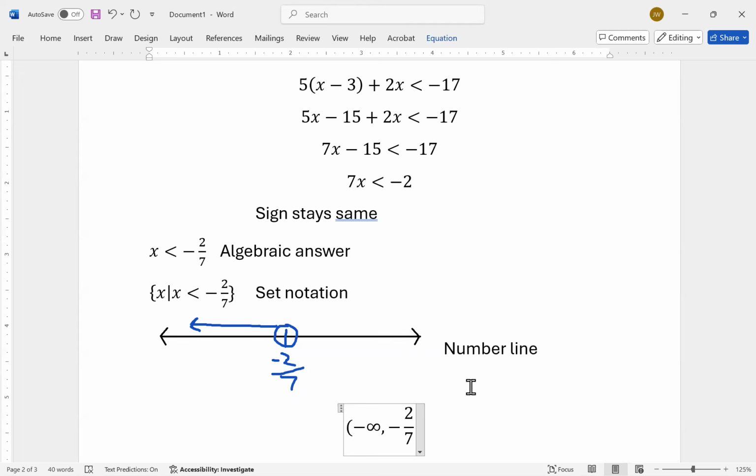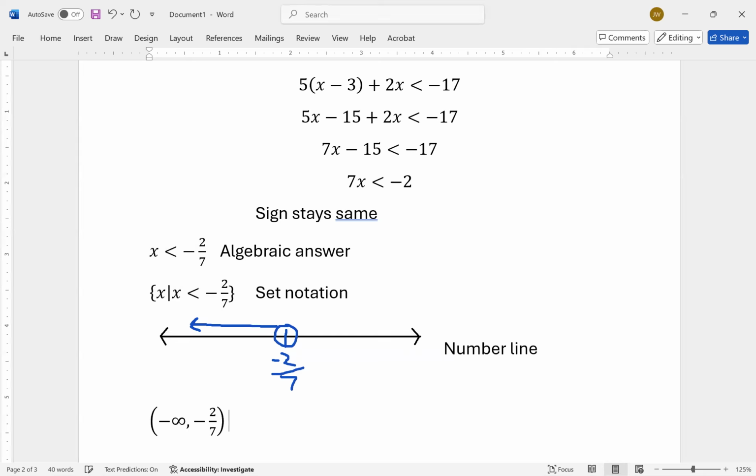Because infinity is not a real number and negative infinity is not a real number, we put a parentheses on that side. Negative 2/7 has an open circle around it. I cannot plug in negative 2/7, so I put a parentheses around that as well.